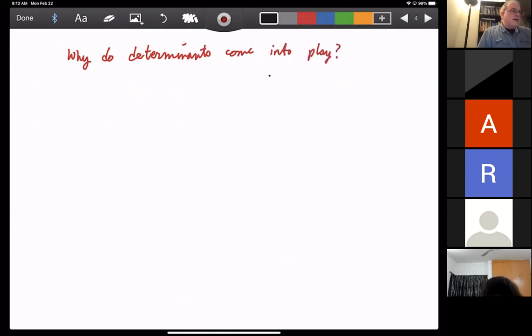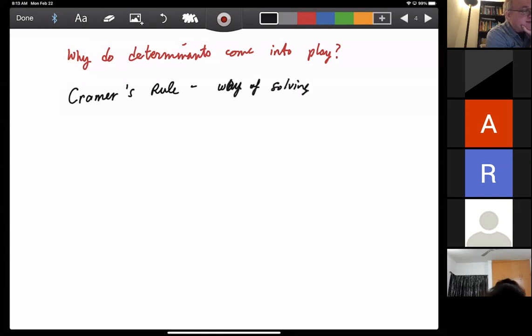Well, you may have encountered something called Cramer's Rule. So this is a way of solving linear systems of equations.